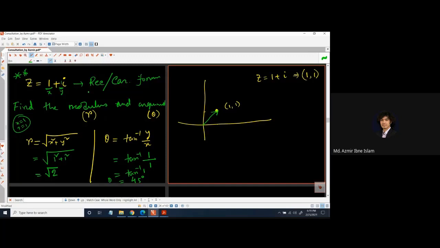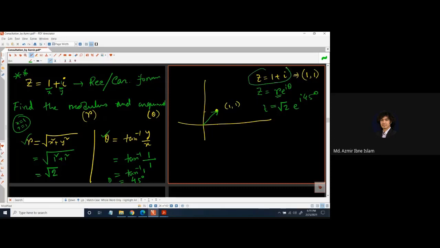Okay, so previously we had the rectangular form, and now using these two formulas we are able to convert to r e to the power i theta. That means now z equal to r e to the power i theta. We know that this is the polar form. So what will be the polar form? r is root over 2, e power i theta, i 45 degree.